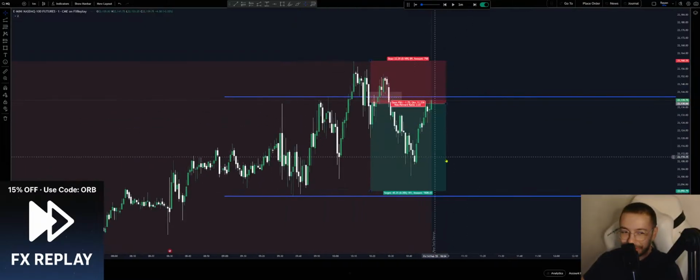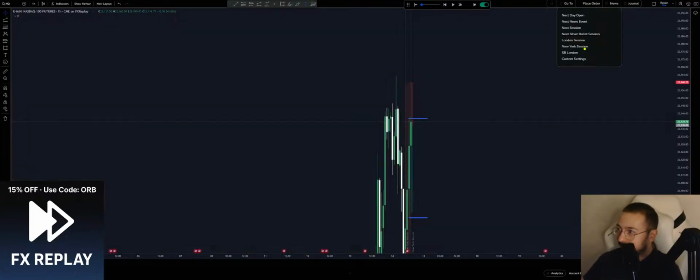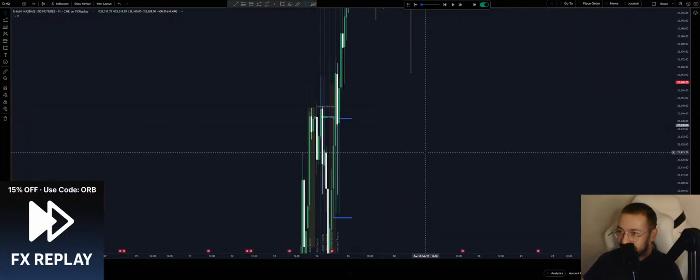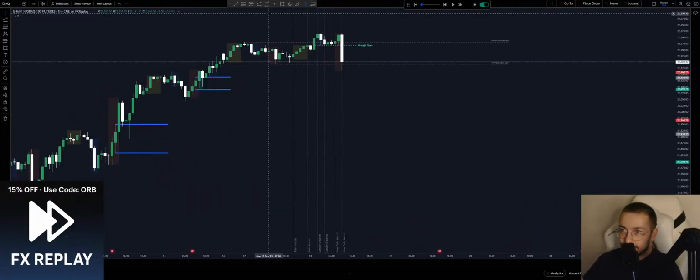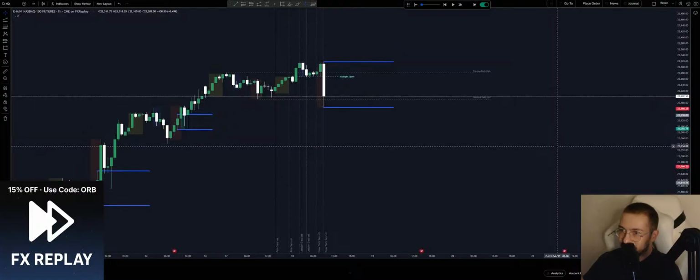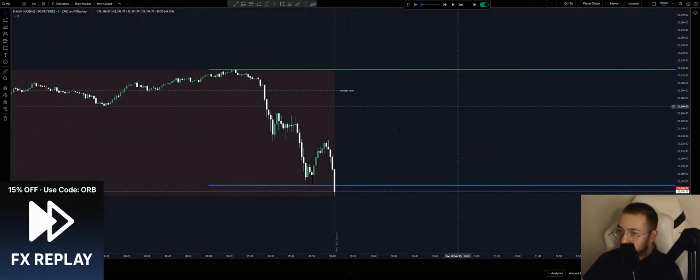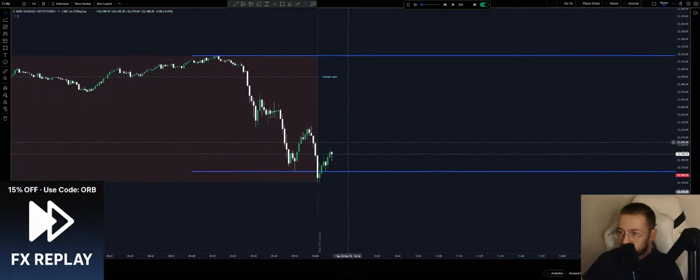Of course, it will hit break even. That's a break even trade. Next day. Yeah, this strategy is not... Don't like it at all. It's a bit slow.